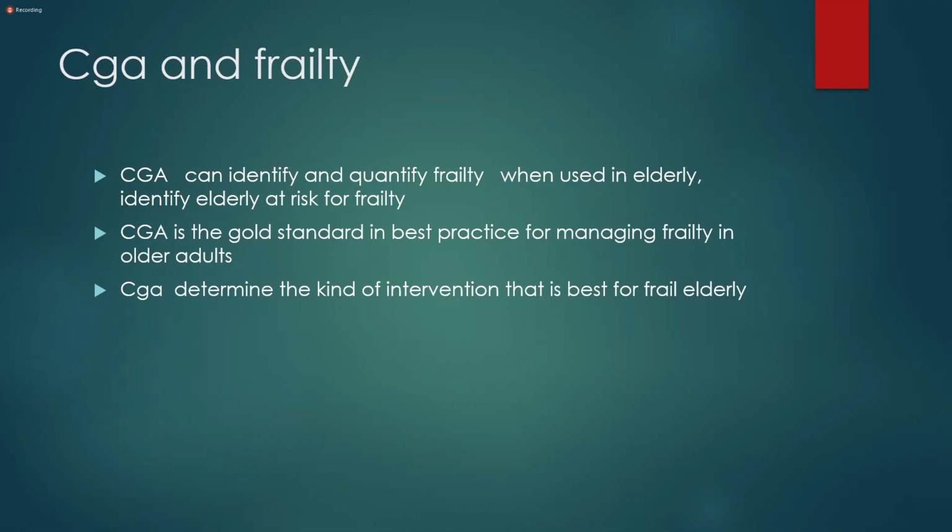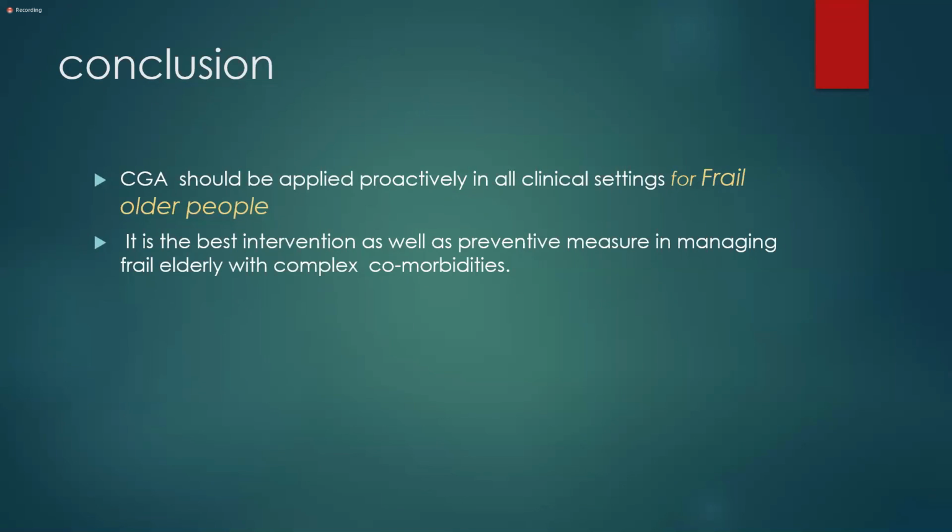By doing CGA, you can identify and quantify frailty when used in elderly. You can also identify elderly at risk for frailty. CGA is the gold standard in best practice for managing frailty in older adults. And CGA determines the kind of intervention. Doing CGA, you will be able to determine the kind of interventions that is best for frail elderly.